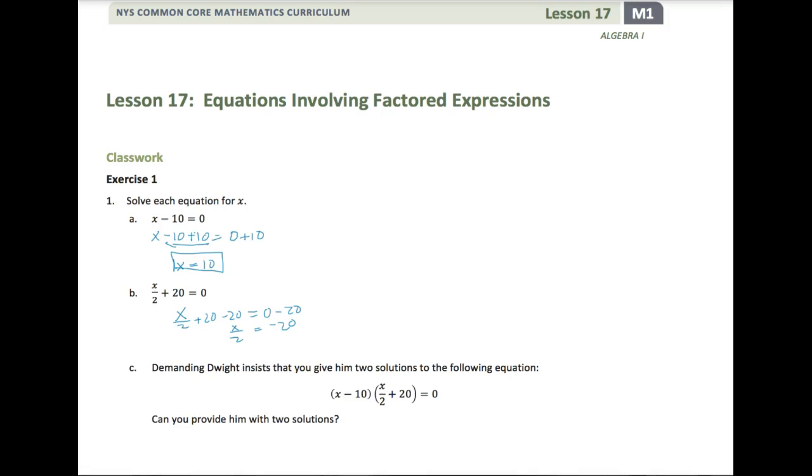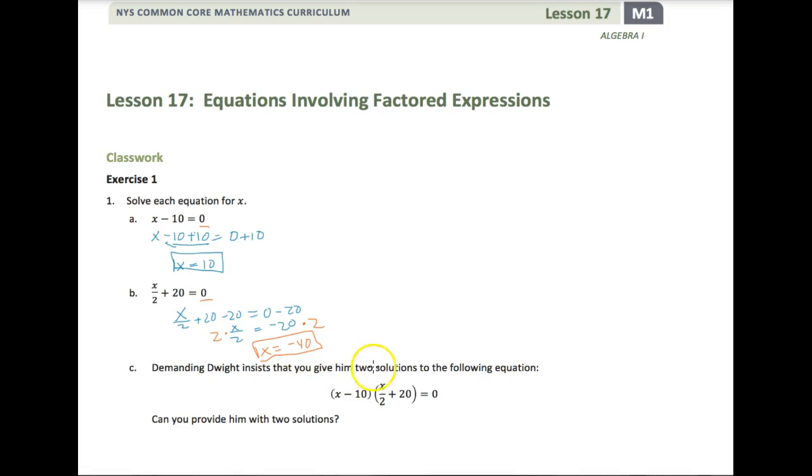All we need to do to find the answer is multiply both sides by 2, and we get x equals negative 40. Let's think about that. Half of negative 40 is negative 20. Negative 20 plus 20 is 0. Very nice. And the key here in this thinking is these zeros. We're going to take this and we're going to put it here.